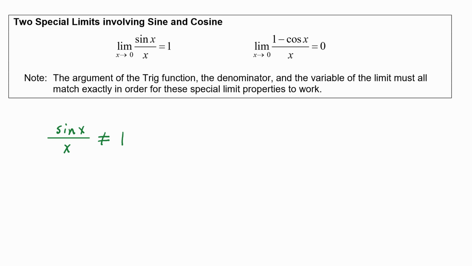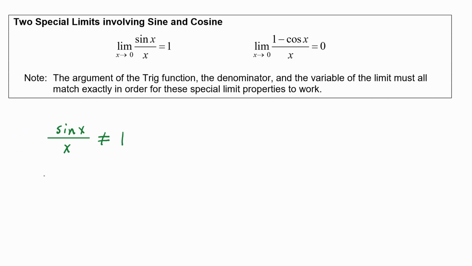It's also important to understand that these special limits only work if the variable of the limit is approaching 0. So if you have the limit as x approaches 1 of sine of x over x, that does not equal 1. Nor if it's the limit as x approaches -2, or the limit as x approaches pi, or the limit as x approaches pi over 6. None of those limits are the special cases here.